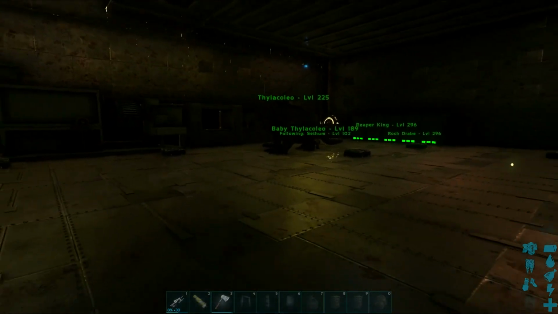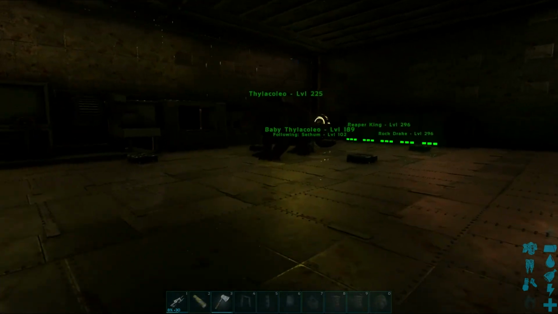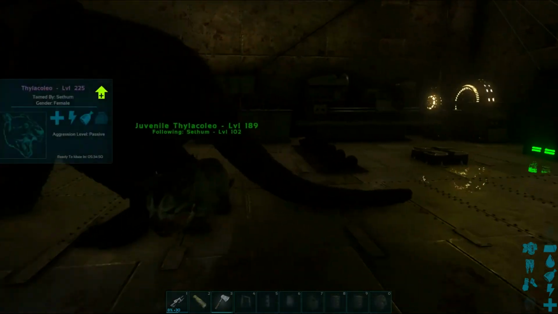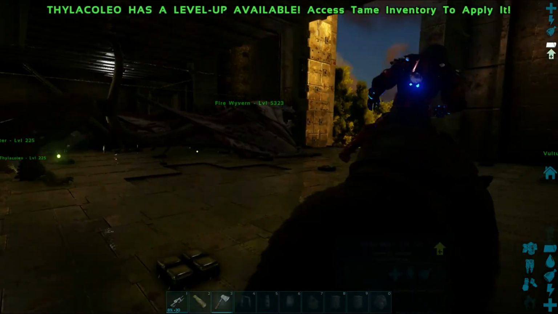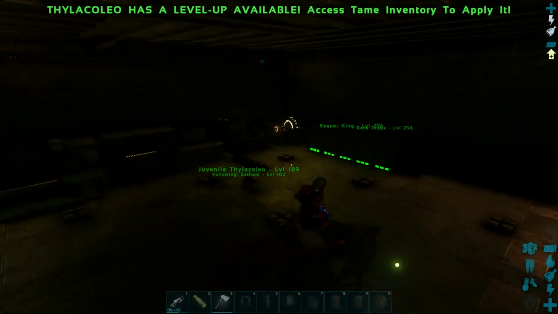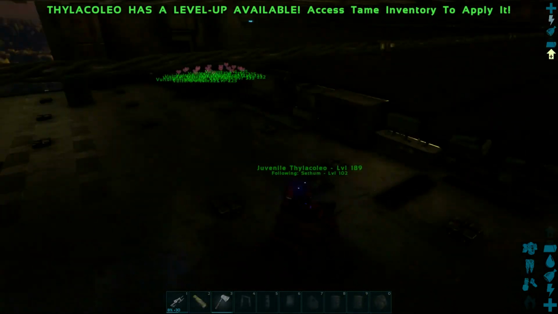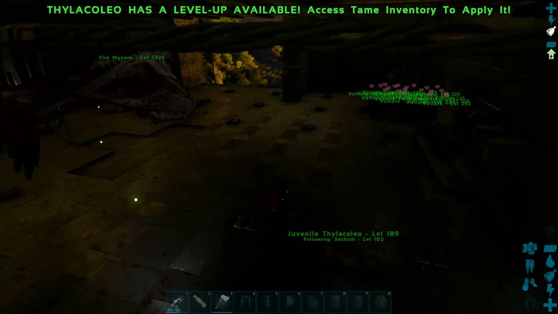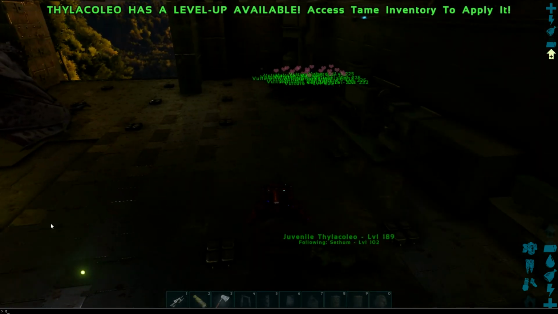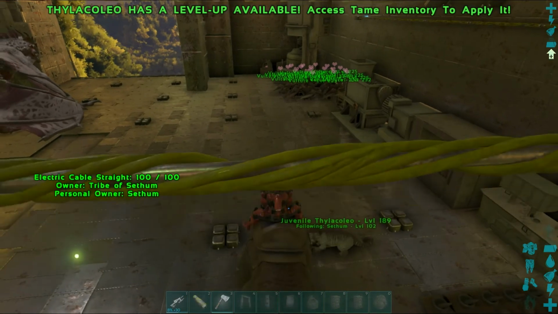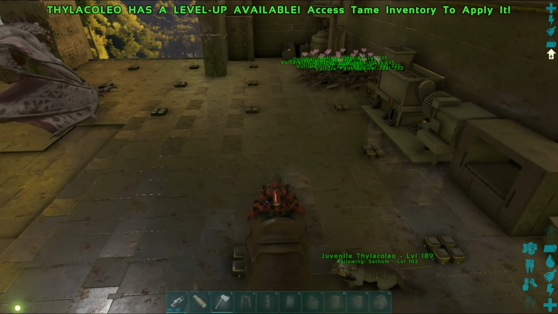which is alright. The reason you want to imprint on dinos is with each imprint it does increase the stats of the baby dinos by a small yet significant amount, as they will add up. Each imprint will of course increase the baby dino stats, so stacking those imprints up does make a difference for when it has reached full maturity.